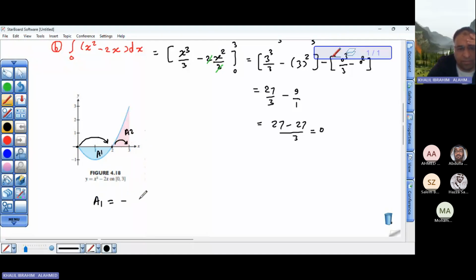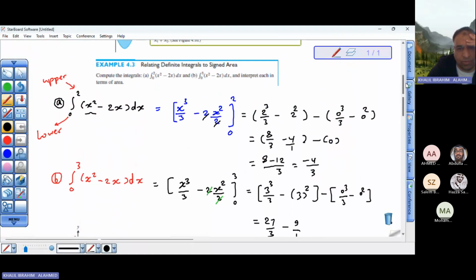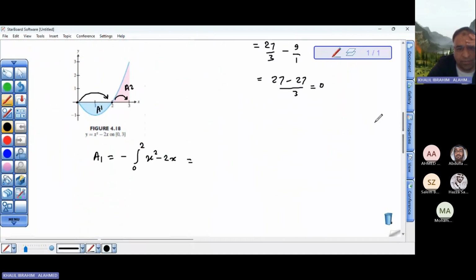This is the negative integral from 0 to 2 of x squared minus 2x, and the answer, from 0 to 2, is negative 4 over 3. This is equal to positive, because the area is always positive, not negative.